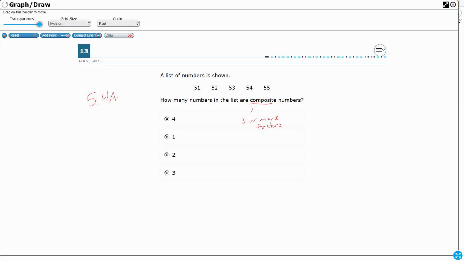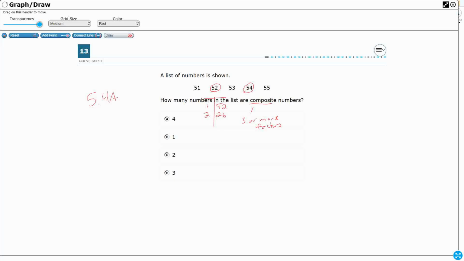So composite numbers, we could already say, well, 52 is composite. We can say 54 is composite because those are even numbers. And so if we were to list them out, we know that it's going to be 1 and 52. We also know it's going to be 2 and something because it's even. It ends with 2, 4, 6, 8, or 0. In this case, it's going to be 26, right?